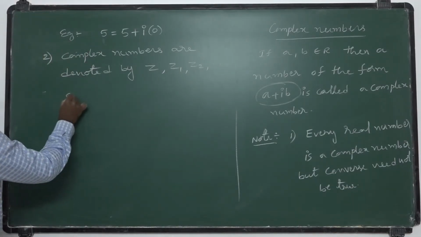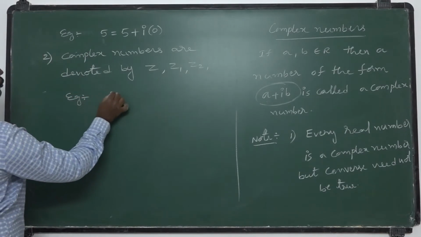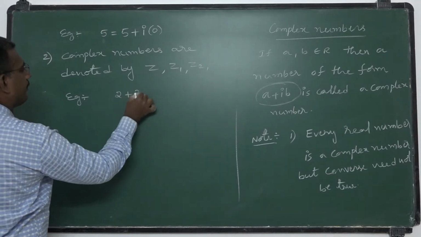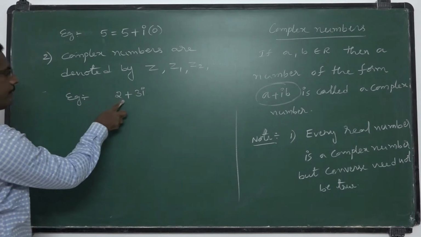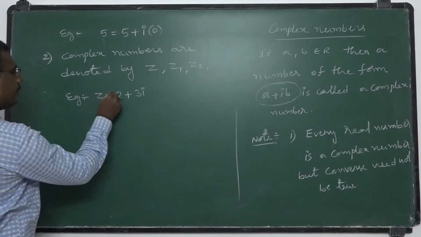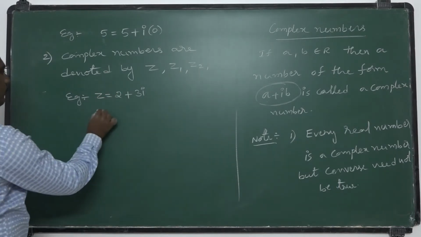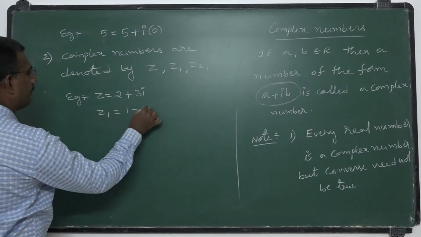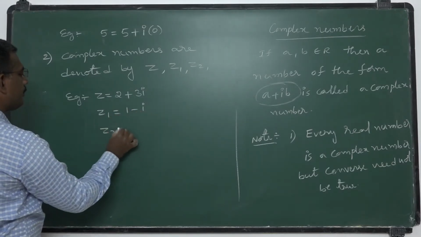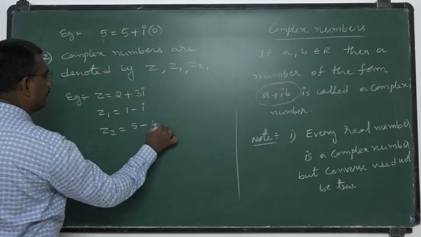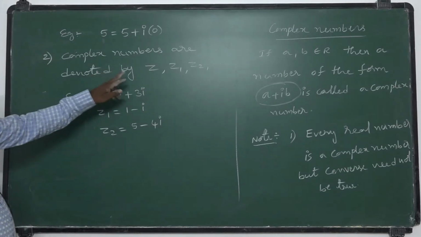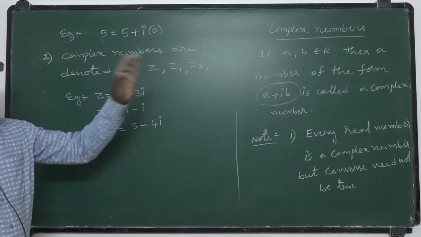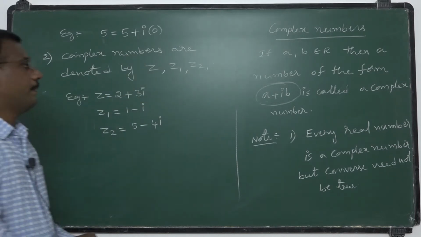For example, 2 plus 3i or 2 plus i3 is a complex number denoted by Z or Z1. So Z1 equal to 1 minus i. Suppose Z2 is equal to 5 minus 4i. So complex numbers are denoted by Z, Z1, Z2 and so on.